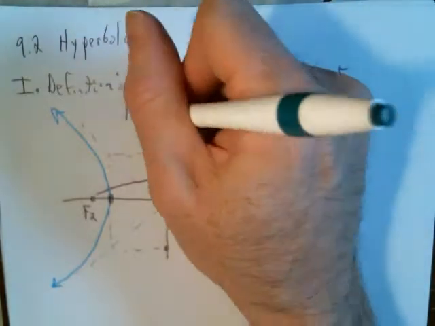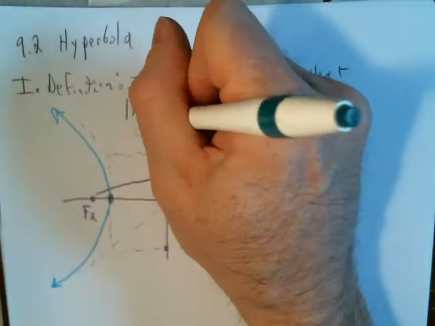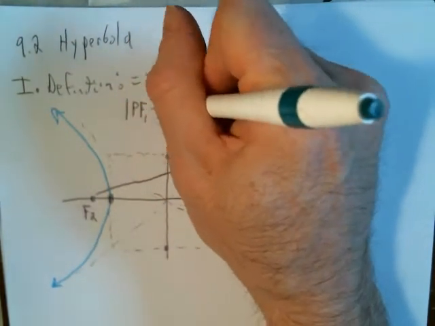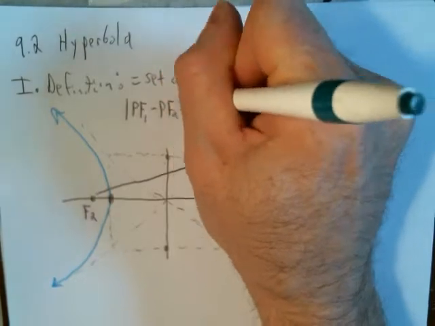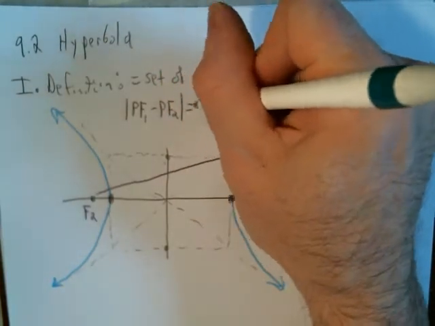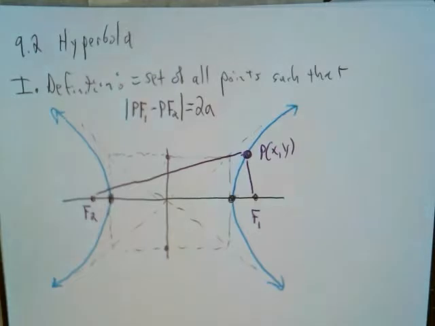To make sure it's positive, we'll put it in absolute values. So the absolute value of PF1 minus PF2 is equal to a fixed constant. And again, the fixed constant is 2a, just the same as in the case of the ellipse.